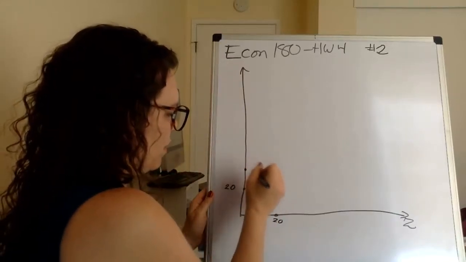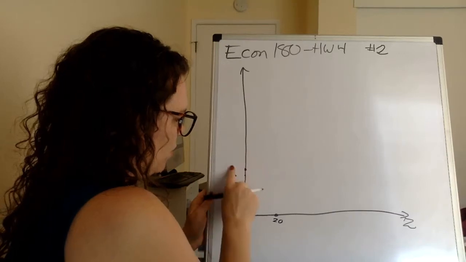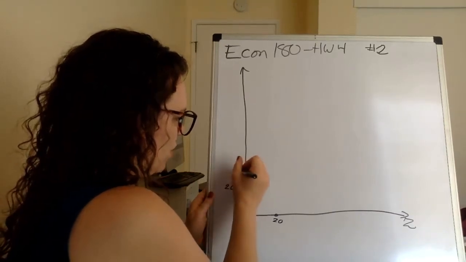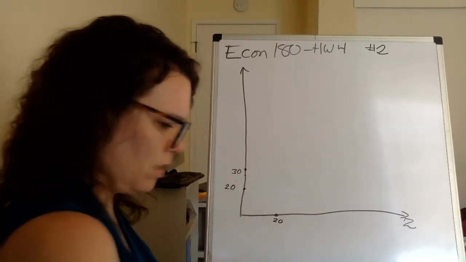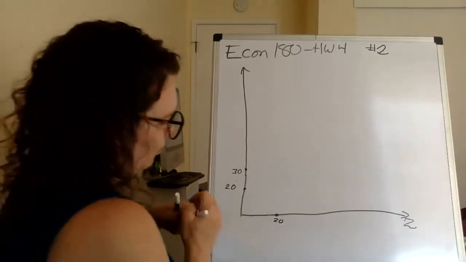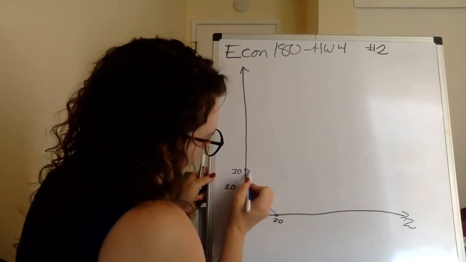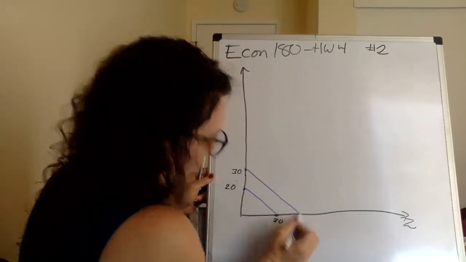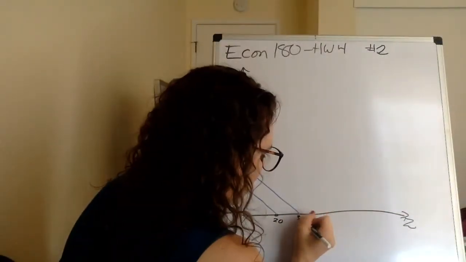Demand 2 is going to be a little bit lower. Oh, maybe not. 30. Let's do these in one color. Try to keep them symmetrical. 30, 30.